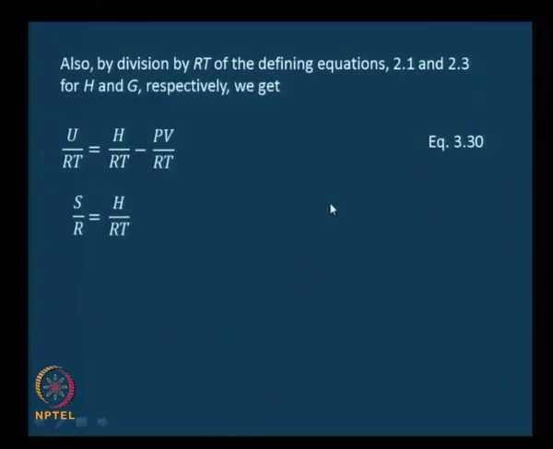And since G equals H minus TS, we get S by R equals H by RT minus G by RT. We will stop here with equation 331, because the further development we would like to be a little more continuous, and we will continue with this in the next class. See you in the next class.